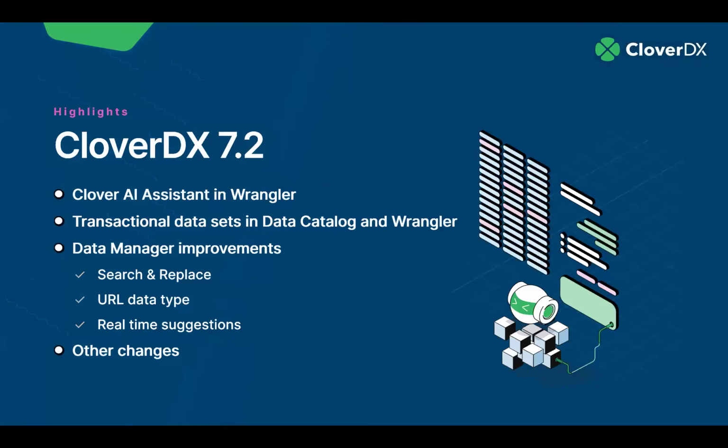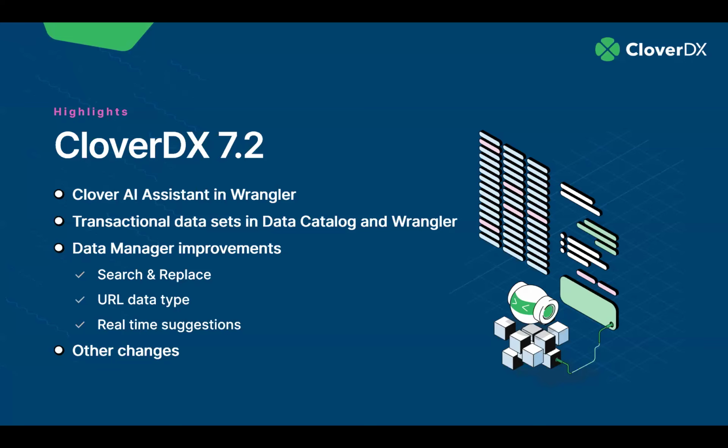So for CloverDX 7.2, there are a few highlights that I would like to talk about today. The first one is the introduction of what we call Clover AI Assistant, which is the assistant that helps you build jobs in Wrangler. I'll show you how that works. We also improved the Wrangler and data catalog so that you can work with transactional data sets, not just reference data sets as you were able to in previous versions.